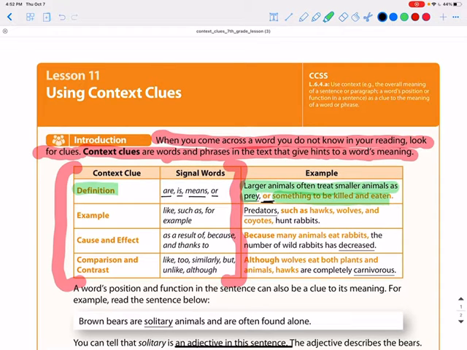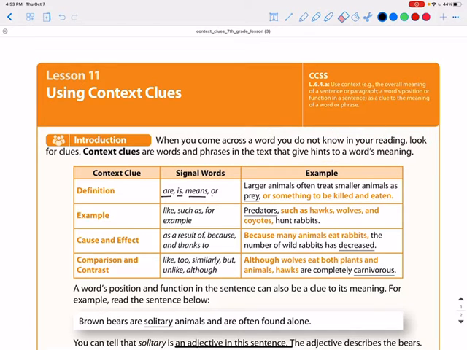Or is our signal word, and that means prey right here is something to be killed and eaten. So we have the word, and then it says prey is something to be killed and eaten. Let's erase that and clean up our screen.